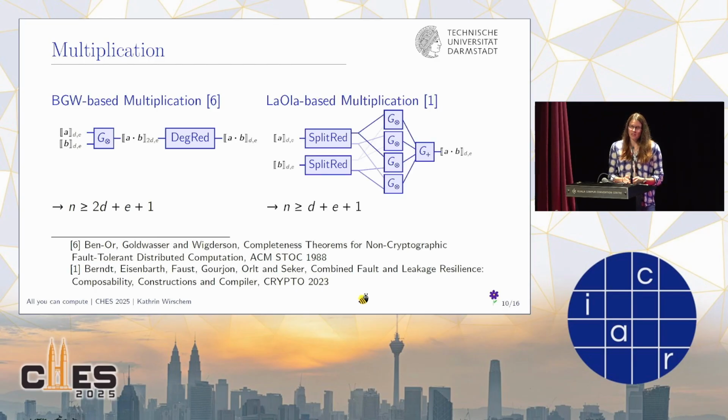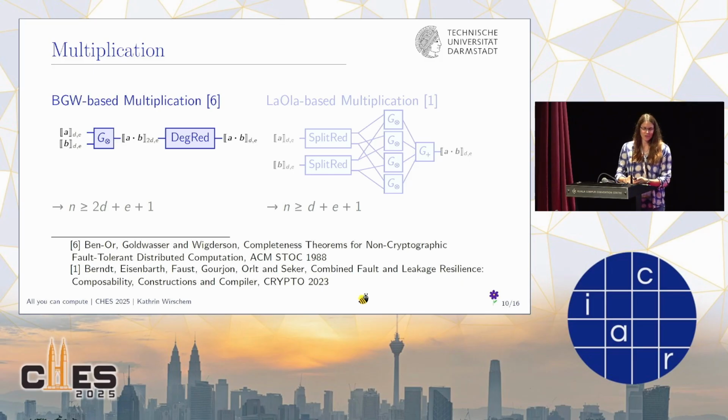Bernd et al. proposed another multiplication called Laola-based multiplication to obtain the tight number of shares. It's kind of the same thing, but the other way around. There, they first do the degree reduction, then do some sort of sharewise multiplication, and combine everything together to get a valid sharing again. For now, let's consider the BGW-based multiplication.